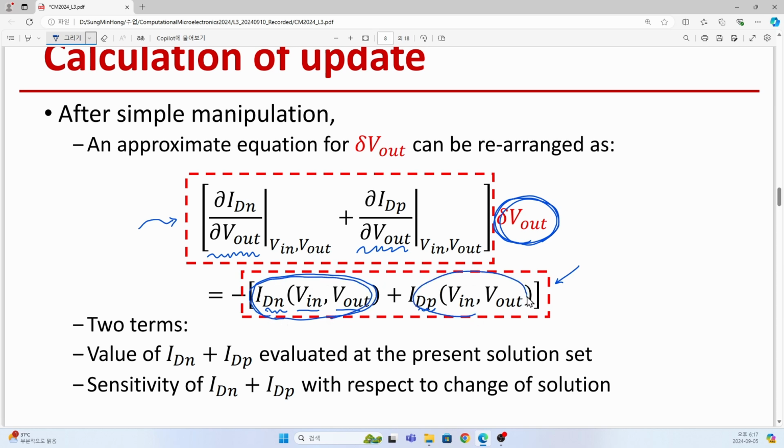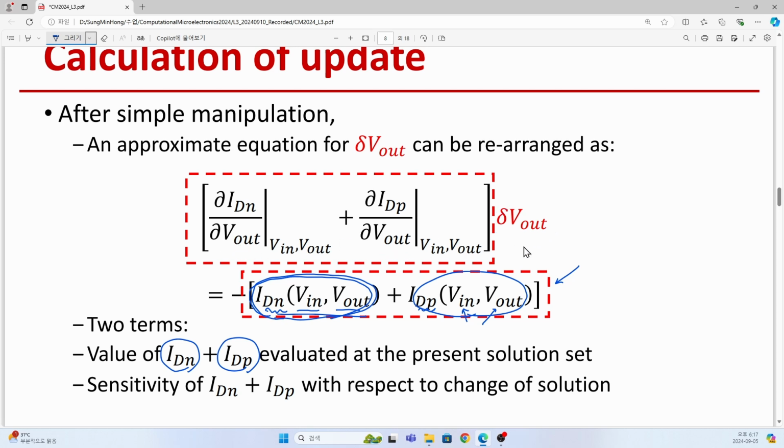And how about this one? Since we know V in and V out, the calculation of this PMOS drain current is straightforward. So this is related with the values of IDN and IDP. It's okay, it is already available.